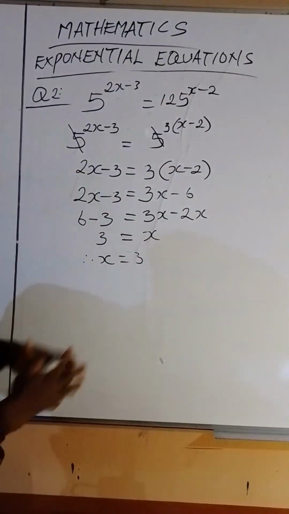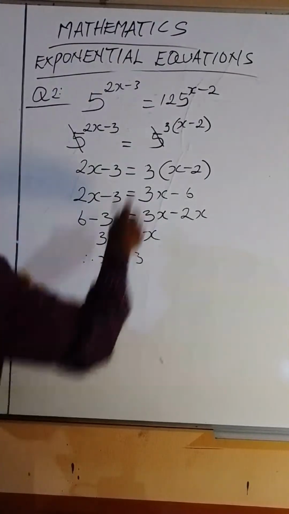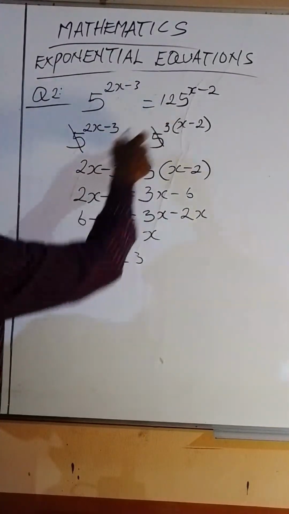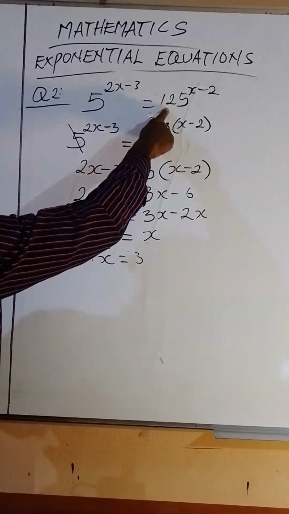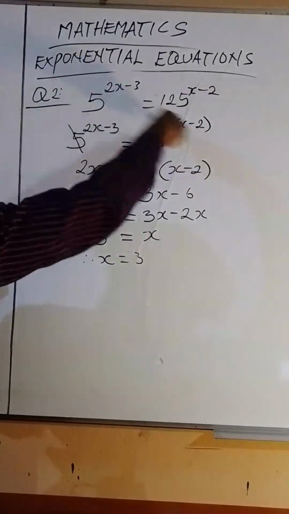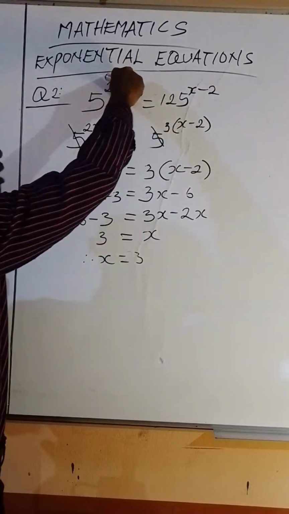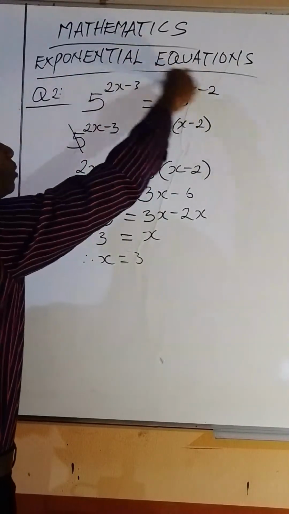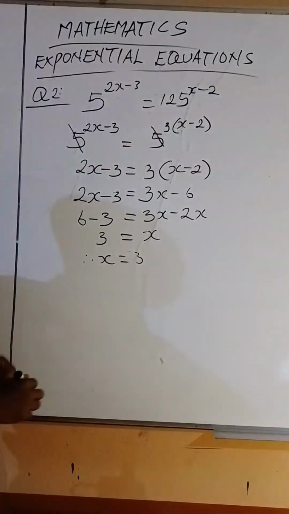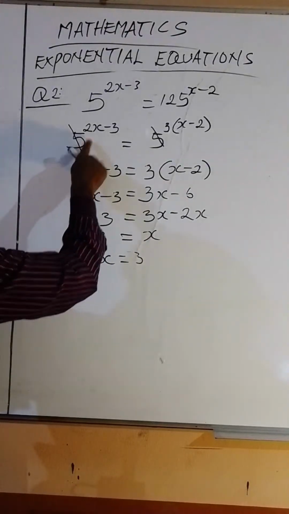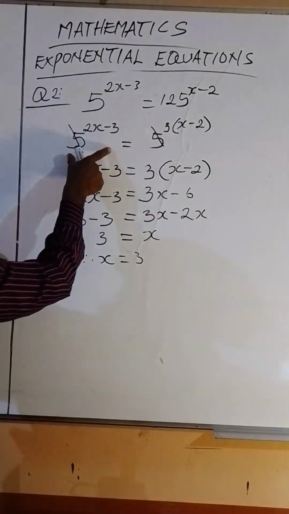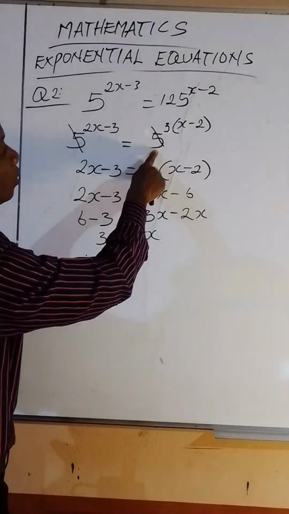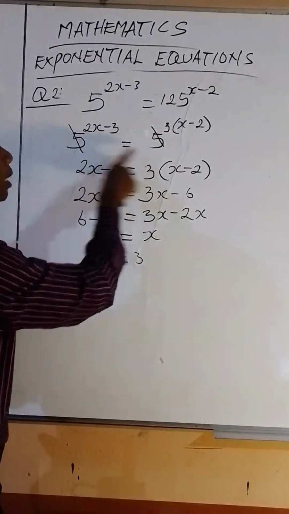Now, what we are simply going to do in this case is to equate the base. If we can equate this base and strike them out, then we can now equate the what? The exponent. So that was what we did here. We repeated this one here. Then right here, we are to make the base equal.